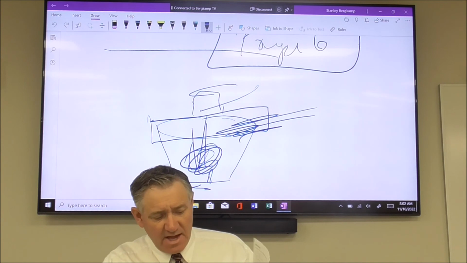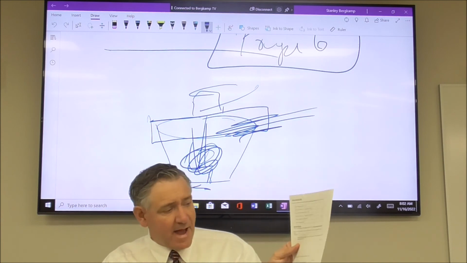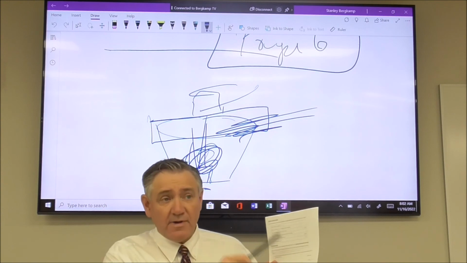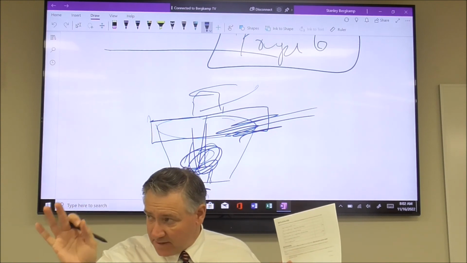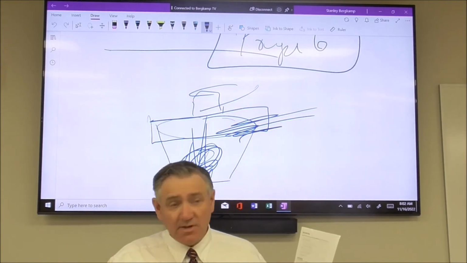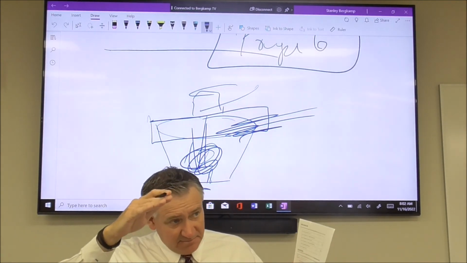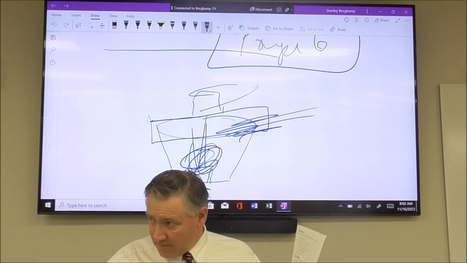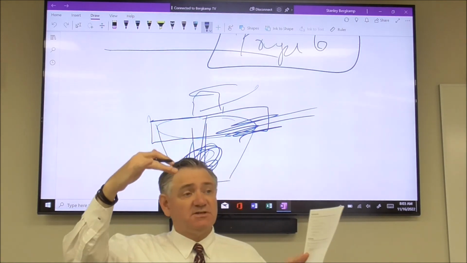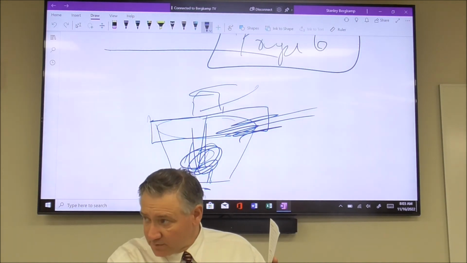So the total mass is the mass of the magnesium oxide. To get the percentage of magnesium, you take the mass of the magnesium and divide it by the total mass, and to get the percentage of oxygen, you take the mass of the oxygen and divide it by the total mass.